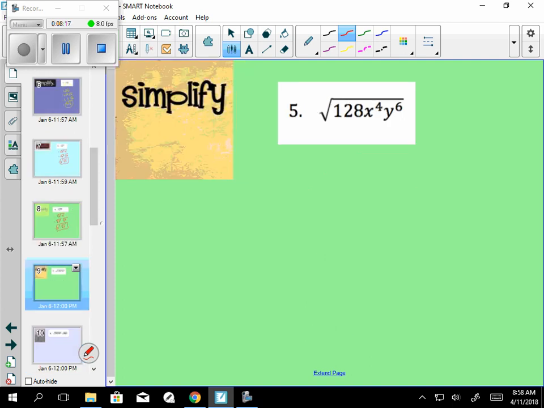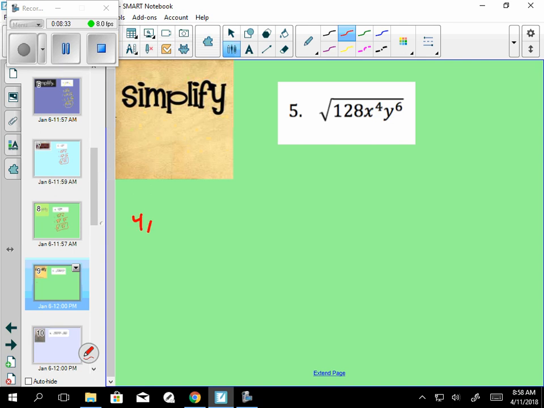We want you to be able to, if they got numbers and variables too, then we still should be able to do it. 128, our number here, is not a perfect square, so we want to see, do any perfect squares divide into that? I think some do.